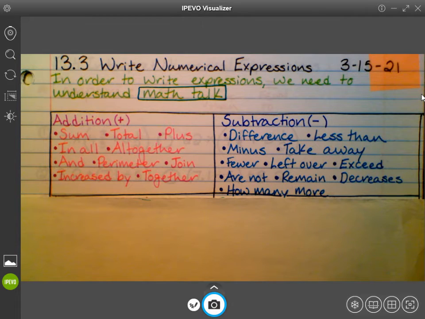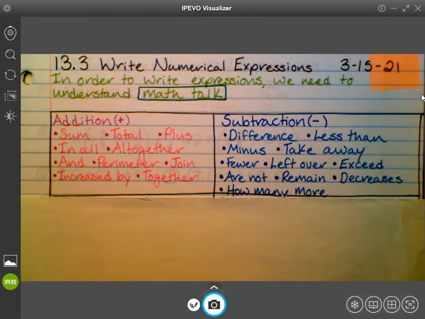Kind of like in Spanish, before you can start forming sentences, you need to know what individual words are, right? So you can think of it like this. We're writing out a bunch of these different words that translate to an operation, like addition or subtraction or multiplication or division. Does that make sense? Okay. Now I know you all know what add or subtract or divide or multiply mean, but in sentences they don't always just say add, and they don't always just say subtract.